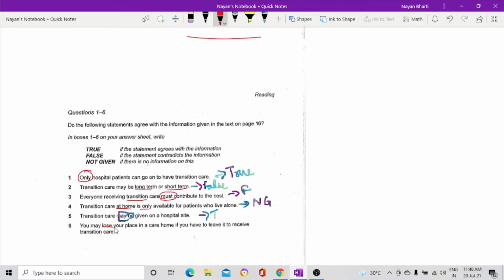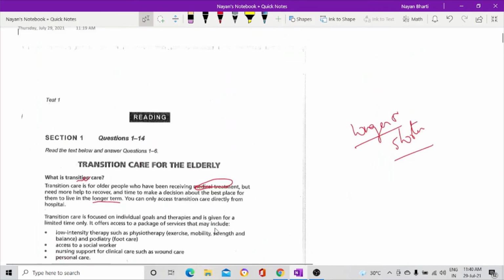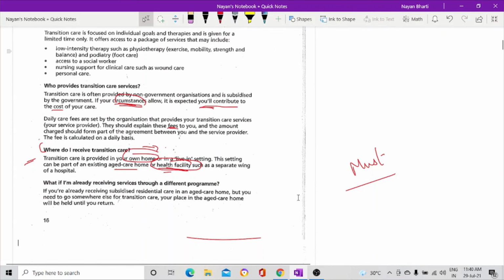Let's see what information is there in the passage. Yes, the passage is saying, if you already receive subsidized residential care in an aged care home, but you need to go somewhere else for transition care, your place in the aged care home will be held.